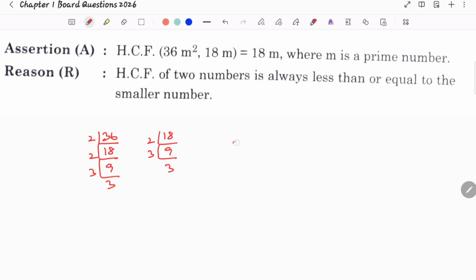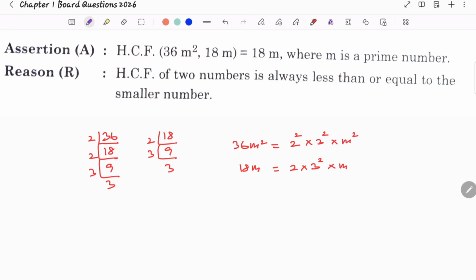So we can write the first number 36m square as a product of prime factors: 2 power 2 multiple 3 power 2 multiple m power 2, where m is a prime number. Next, the second number is 18 into m. So 18 we can write 2 into 3 square into m.